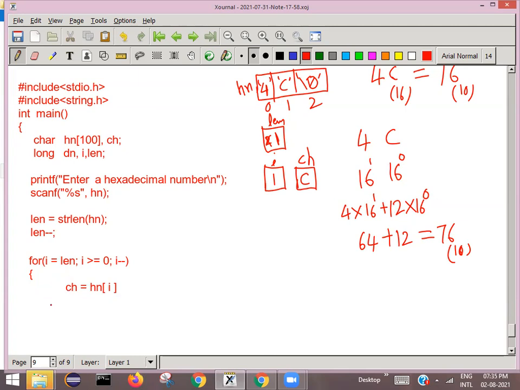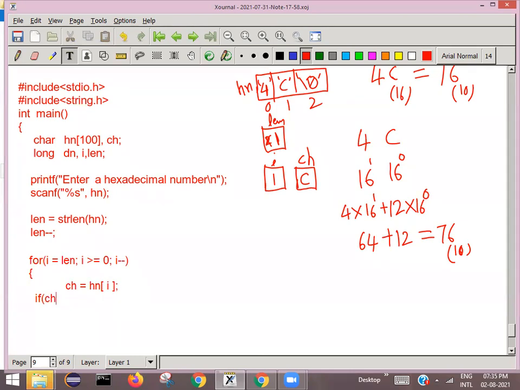Okay, so that logic you have to check here. Once you get the character, you check whether your character is a digit or an alphabet. So I am checking here. If it is a digit, first we'll check here.